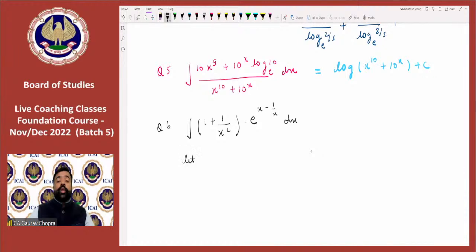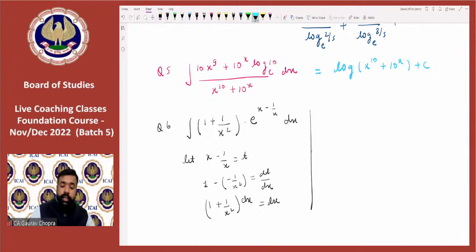So what we have to do: let x minus 1 upon x be equal to t. Now on differentiating, what do we get? 1 minus the differentiation of 1 upon x, which is minus 1 upon x square, is equal to dt by dx. So it is simply 1 plus 1 upon x square dx is equal to dt.